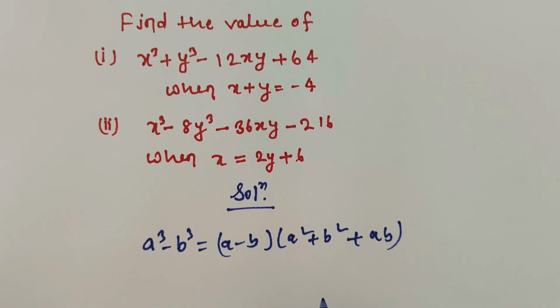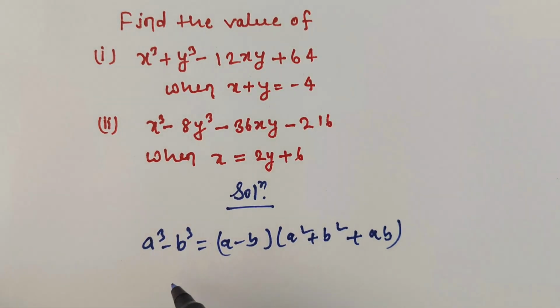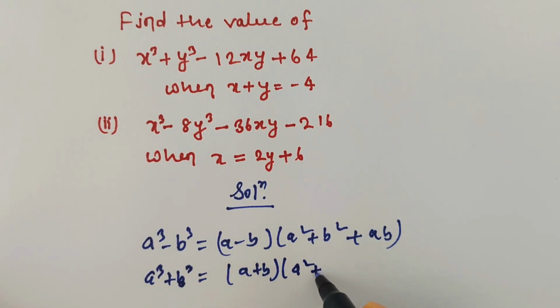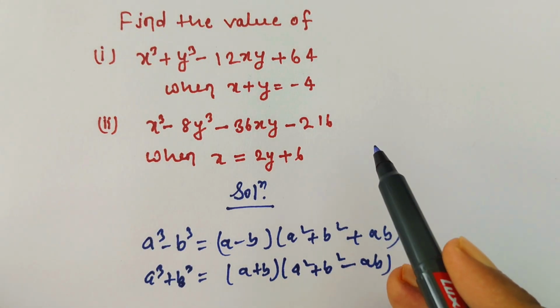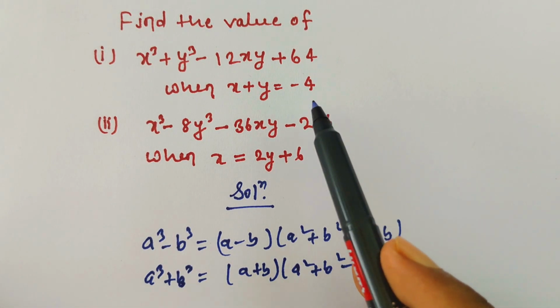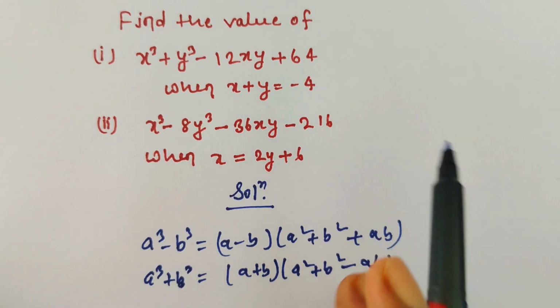This is the first formula, and we also need the second formula, a cube plus b cube equals a plus b into a square plus b square minus ab. These two formulas can be used in both expressions, and with their help we can evaluate the value of the given expression.